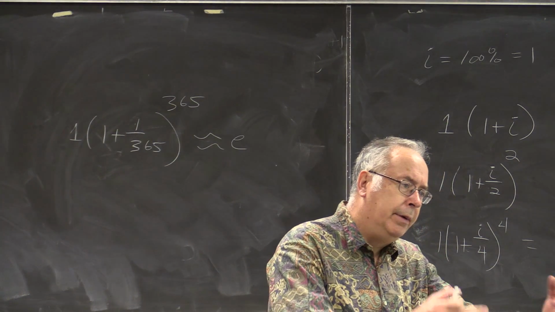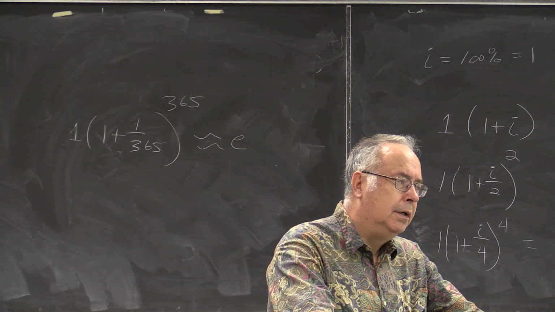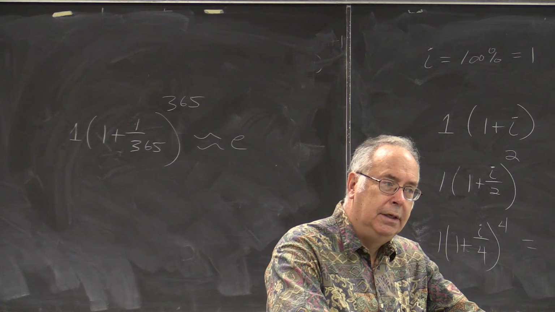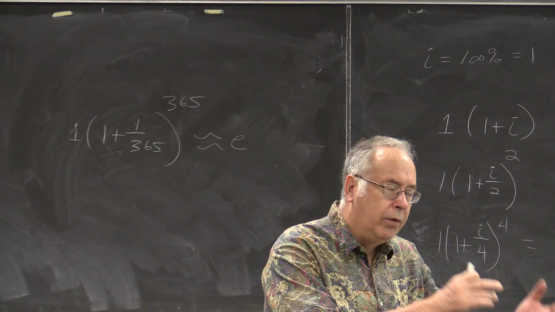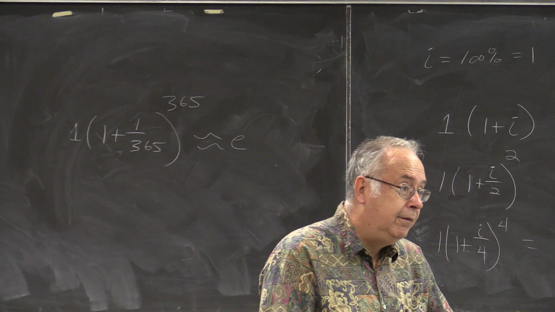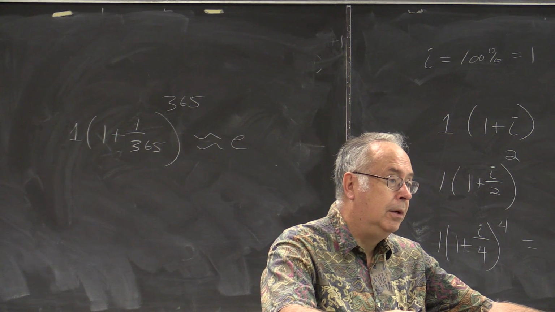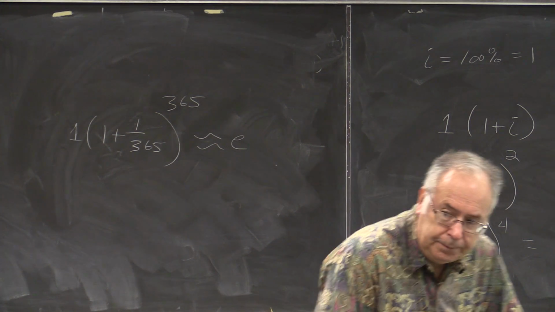That's the economic interpretation that Chiang gives of e. Assume the interest rate's 100%, and you start off with $1. At the end of the year, it'd be worth e dollars if you have continuous compounding every instant of time.